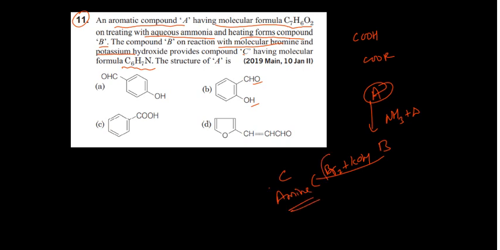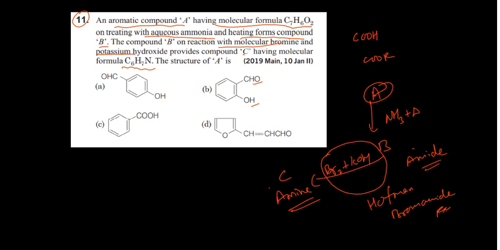Whenever you see this reagent, it is the Hofmann bromamide reaction or Hofmann degradation. This is a named reaction. What happens in it? Amide to amine. So it is confirmed by this NH3. Whenever NH3 and carboxylic acid are there, it may form an amide. The amide is converted into amine.